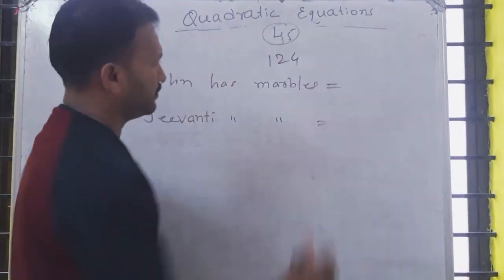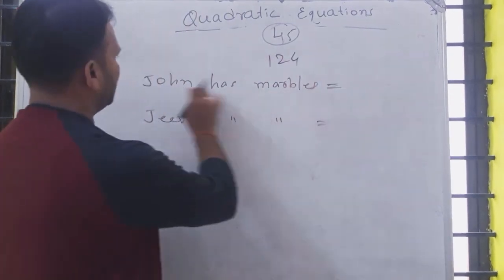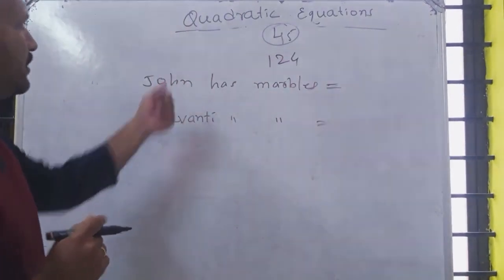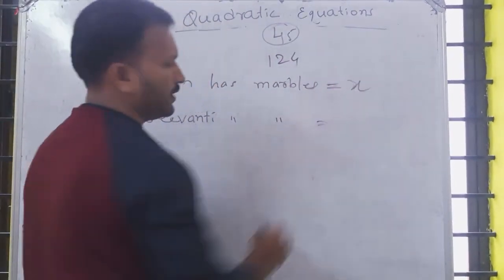We don't know the marbles which John has, so we take them as x.